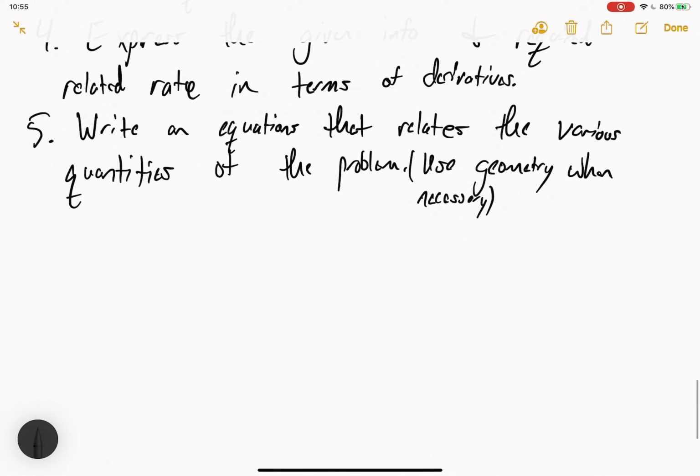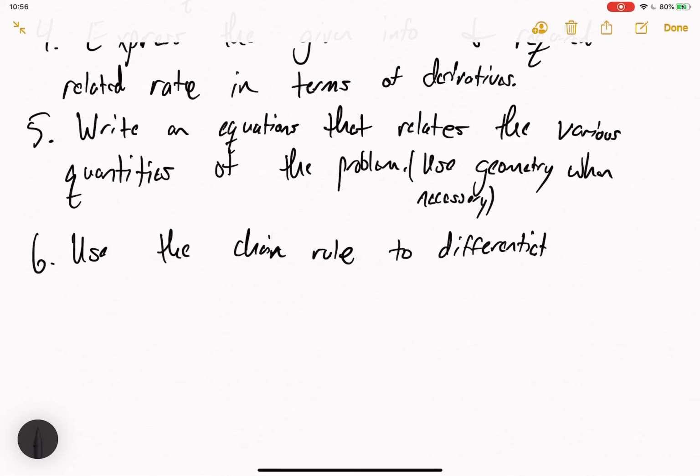The second to last part is we use the chain rule. We use the chain rule to differentiate the equation to get the rates that we want. The way we do that is to differentiate both sides with respect to t.